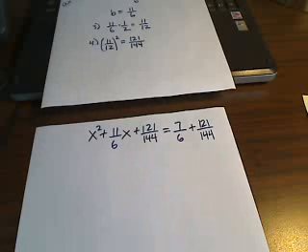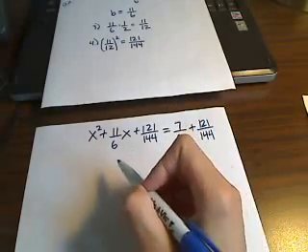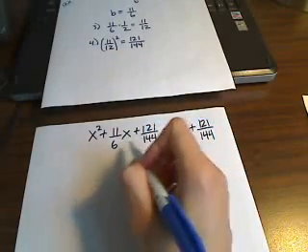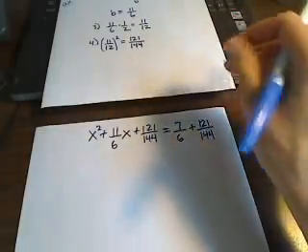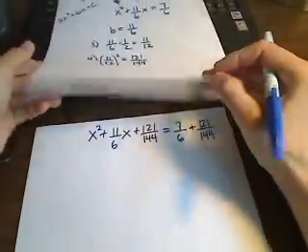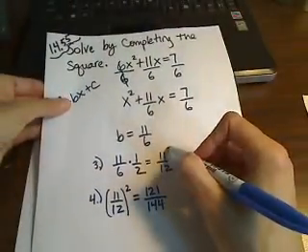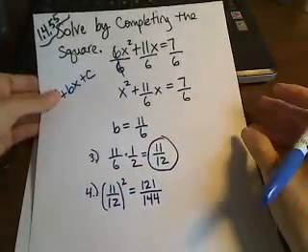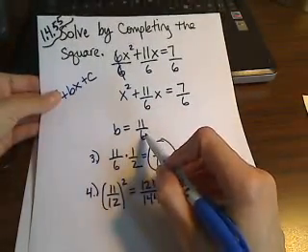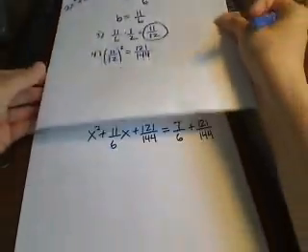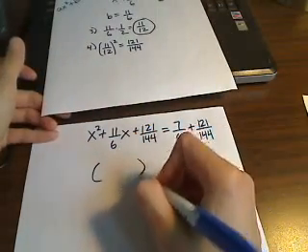Okay, so what we're going to end up doing now on the right hand side is collect like terms there. We have two fractions, and on the left hand side we're already going to go ahead and write it in the quantity squared form. Because it actually happens this way on every problem, whatever your result is from step 3 of the process, where you take a half of your b, that number is going to go on the inside of your parentheses.